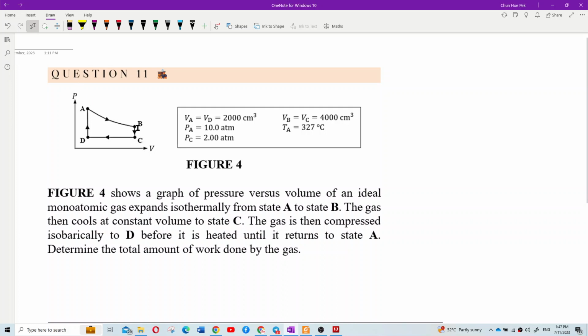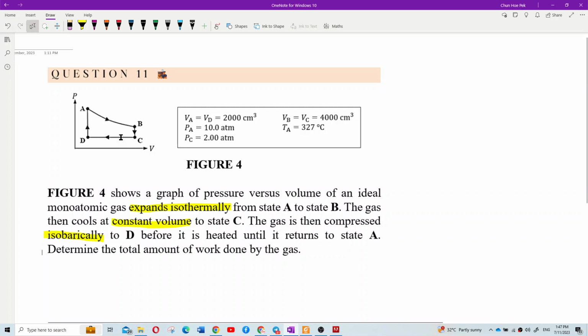A to B is isothermal. Highlight. Got expand isothermal, got cool at constant volume, got isobaric process, and then heated, return to isochoric again. See that? What's the total work done?